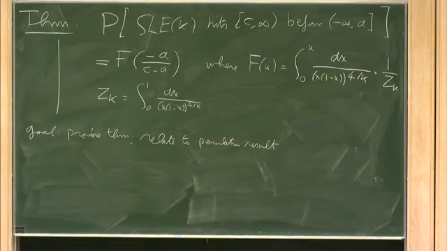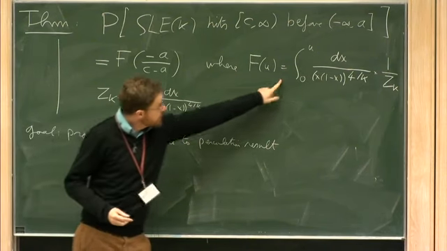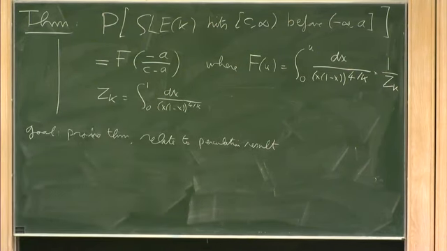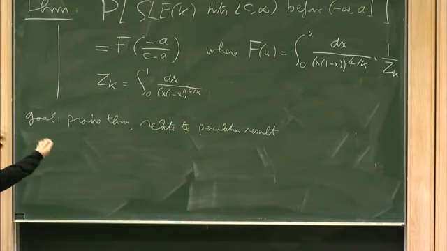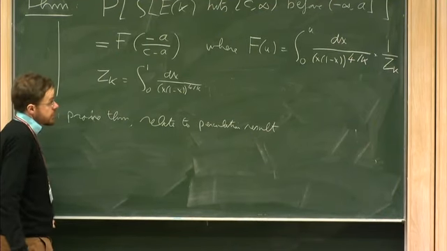So from the course of Clément, you know that crossing probabilities for critical site percolation on a triangular lattice, they converge to something explicit as well, which is not given as an integral, but which is given in terms of one conformal map from the domain to an equilateral triangle. And I hope that I can convince you that there are just two different ways of writing the same thing.